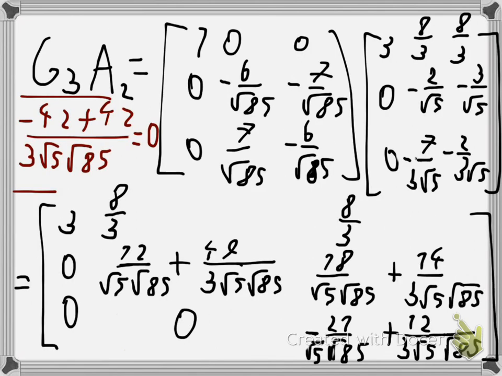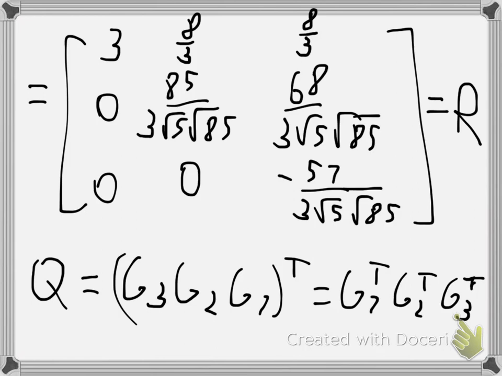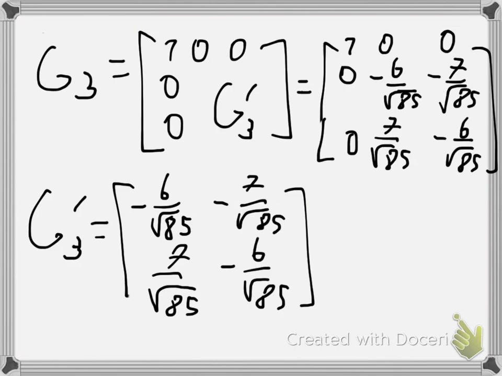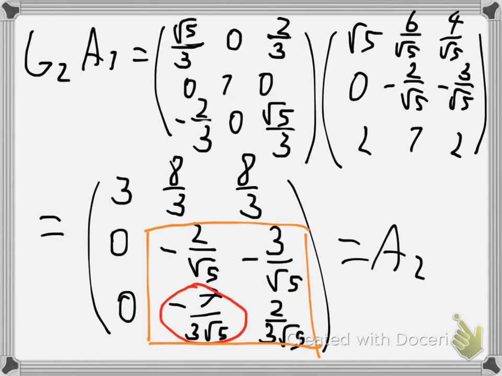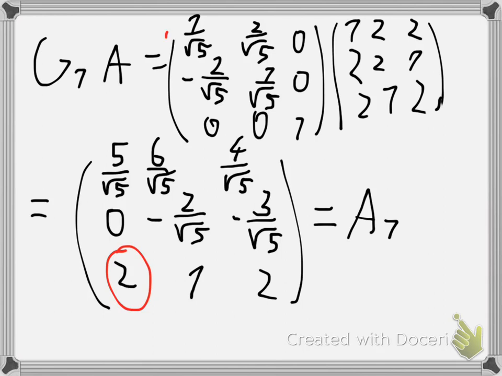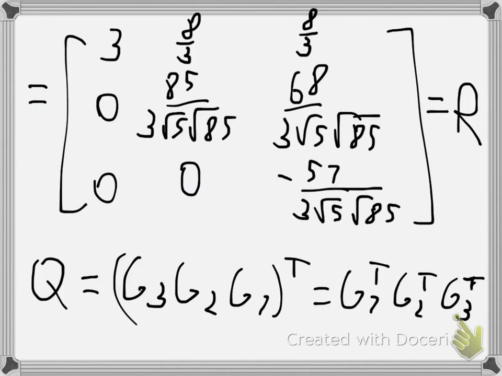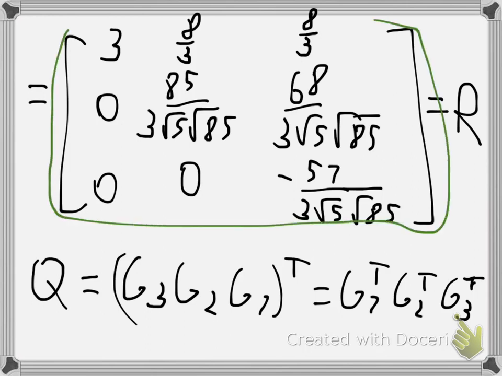You just need to find the product of J3 transpose, so this matrix here, transpose of course, J2 transpose, so this matrix here, and J1 transpose. Yeah, and so you can get your matrix Q. And so here we got our matrix R.